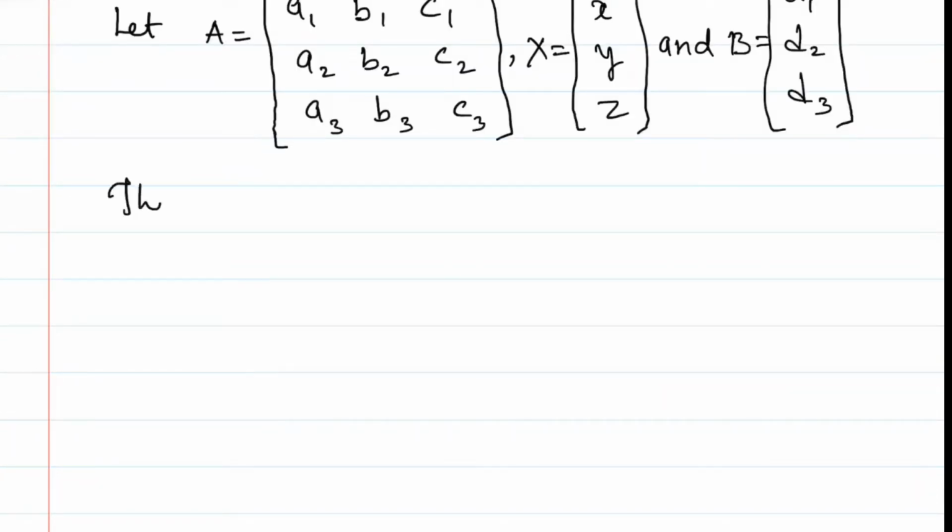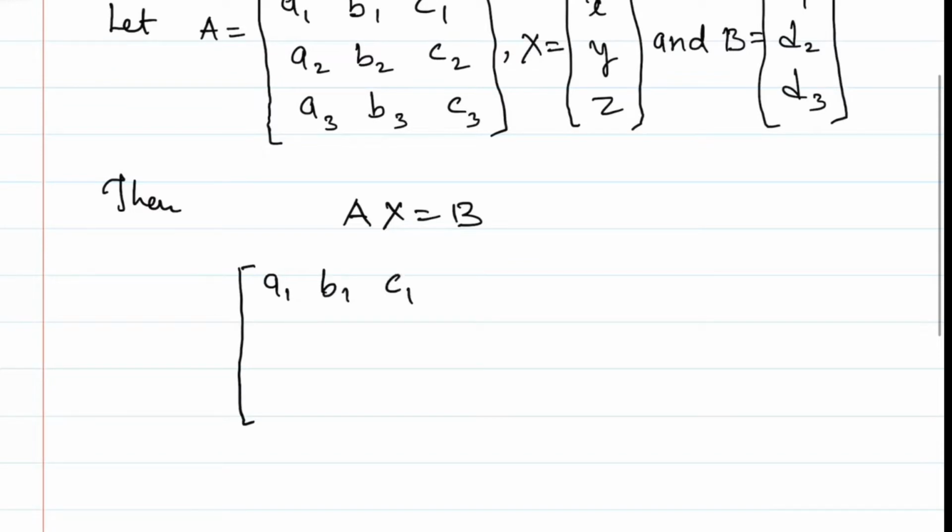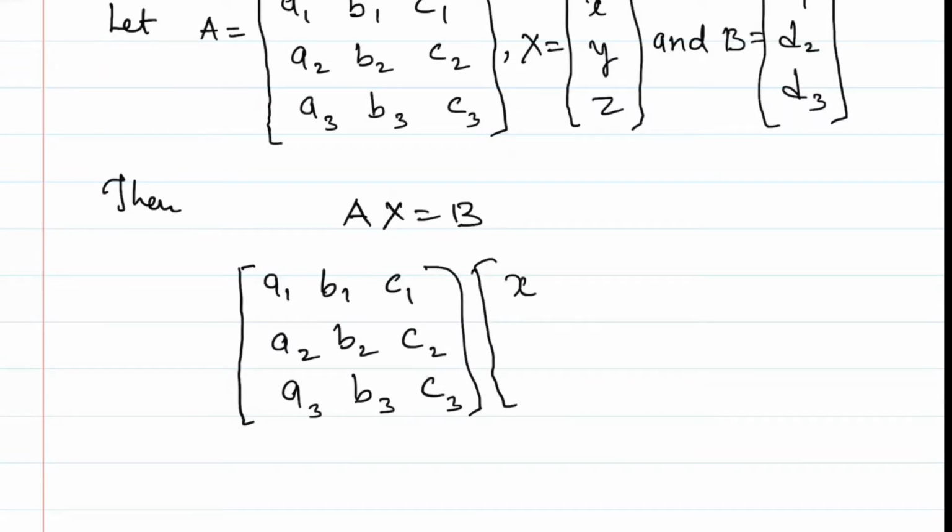Then AX is equal to B: a1 b1 c1, a2 b2 c2, a3 b3 c3 into x, y, z equal to d1, d2, d3.